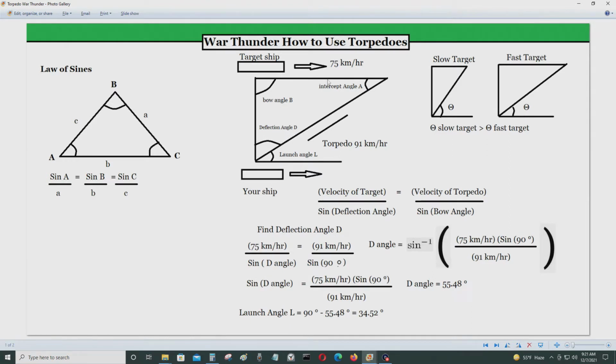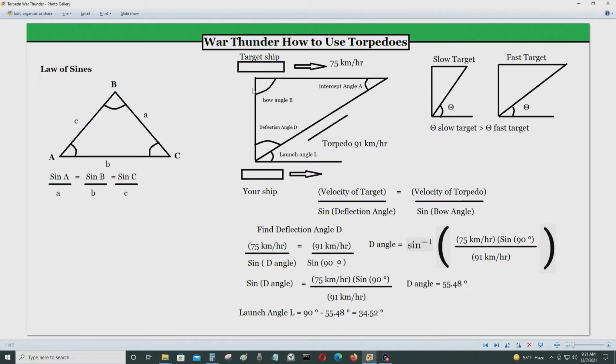So we know what the target speed is, right? So that corresponds with the deflection angle. So 75 is divided by sine of angle D, which I put right here, is equal to 91 kilometers an hour.